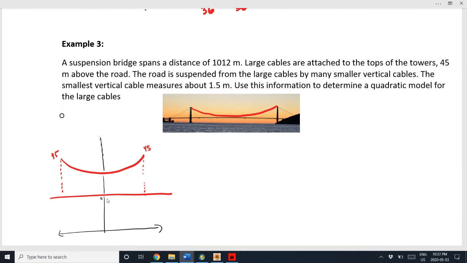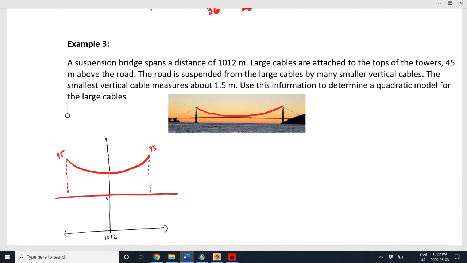We can divide it up on each side of the number line. So if we divide it in 2, this would be negative 506 for our x value, and this would be positive 506 for our other value. If we add the total distance between negative 506 and 506 is 1,012. So we're just centering the bridge right on our y-axis there.